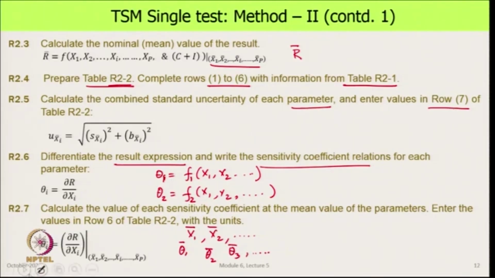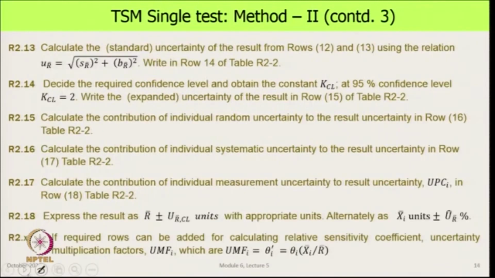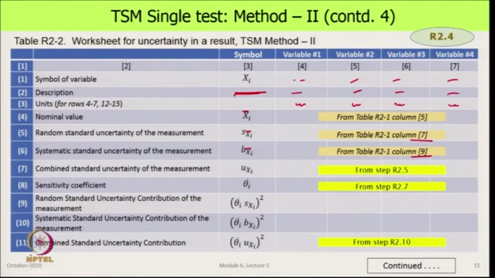So, let us go back to the table and see where we reached. So, we got combined uncertainty of the measurement over there, which we just saw came from the square root of the sum of squares of this and this. So, like that from every one of them. Then we got the sensitivity coefficient, we differentiated it, dr by dxi, and calculated it at the mean values of xi. So, we got these values.